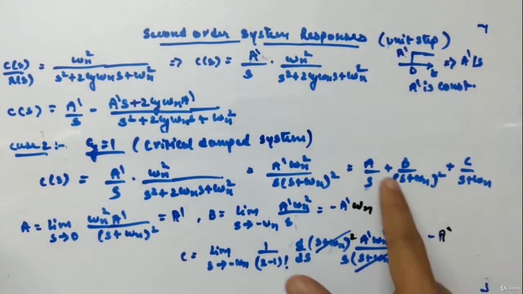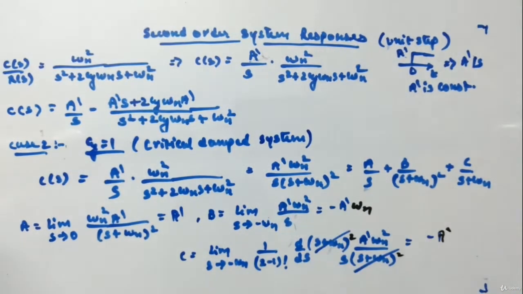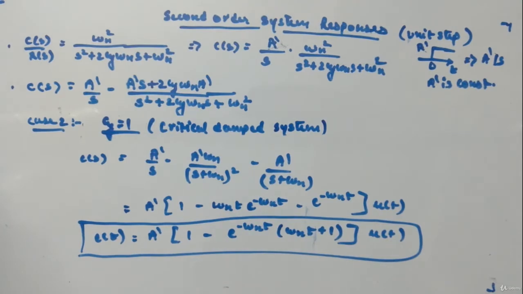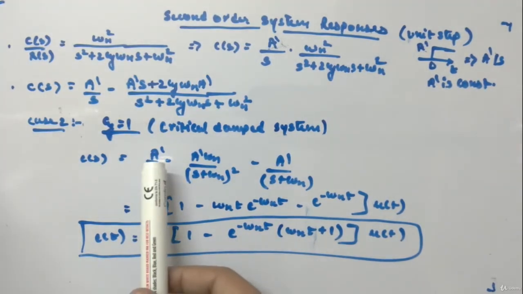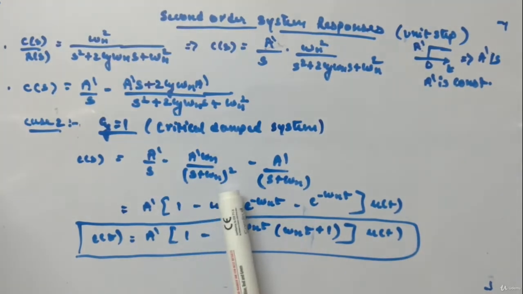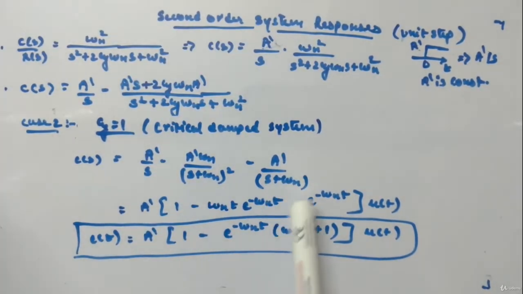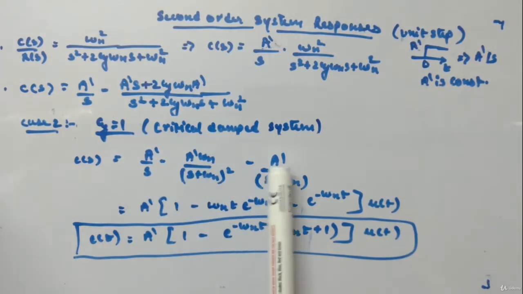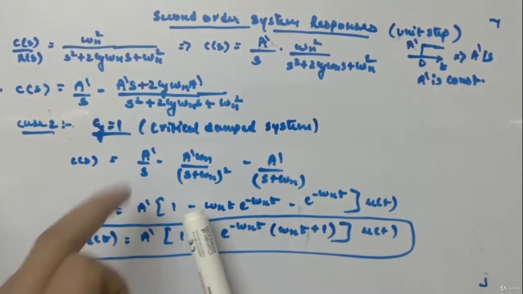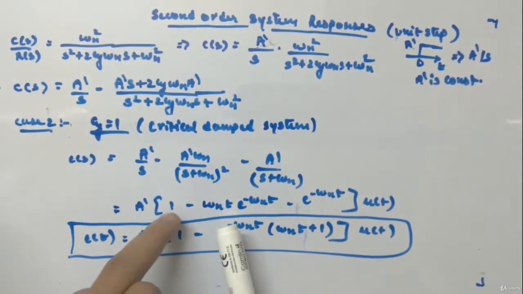Okay, now you can plug in the values of a, b, c, and you will be able to get the time domain version. Plugging the values, you'll get a dash divided by s, minus a dash omega n divided by s plus omega n whole square, minus a dash divided by s plus omega n. Taking a dash common and taking inverse Laplace, 1 by s will be 1.